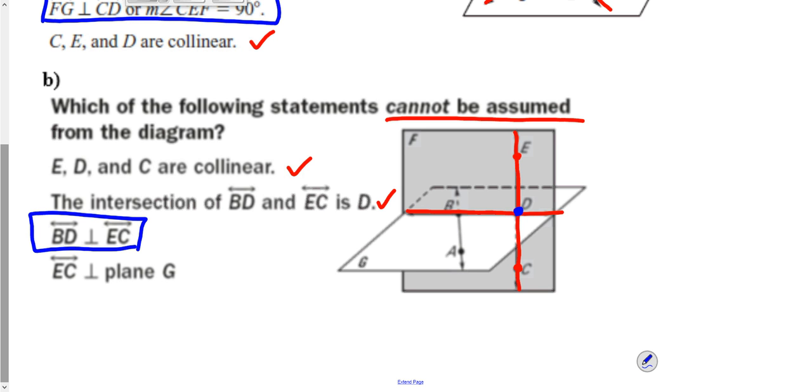So line BD would also have to be perpendicular with EC for EC to be perpendicular with G. But since we cannot assume that line BD is perpendicular, we cannot assume plane G is perpendicular. So this is also something we cannot assume.